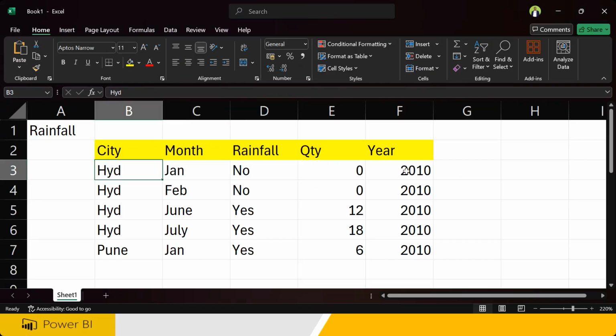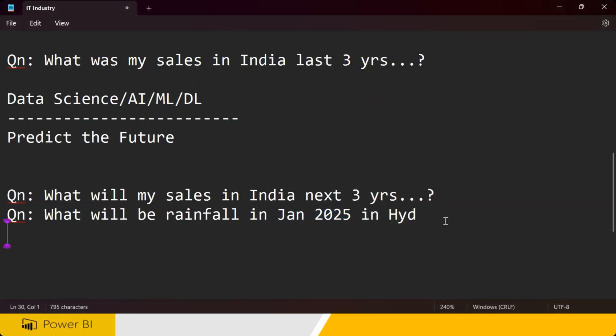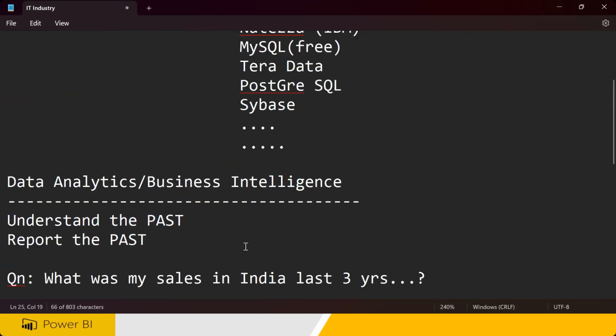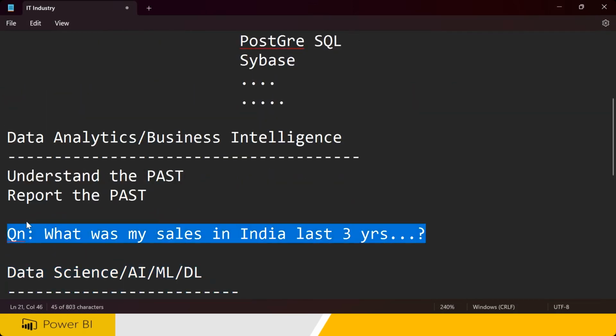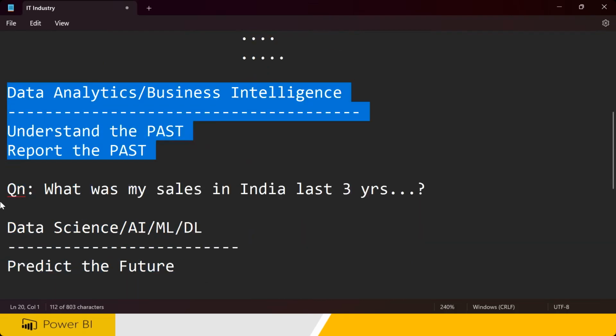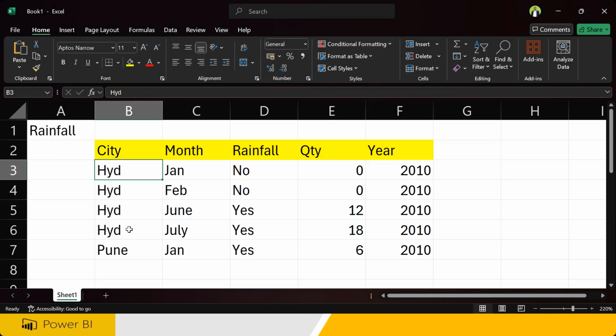So I will predict that it will be no rain. Clear? So one guy is going to be taking the data and predicting, and one guy is going to be telling you what is the total rainfall. So both guys need historical data.